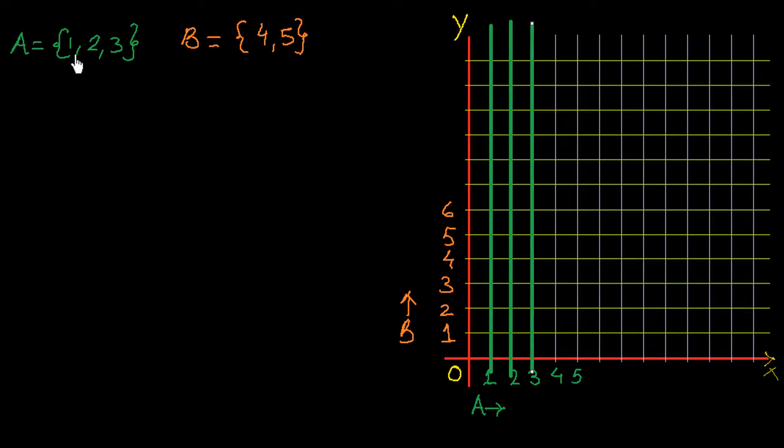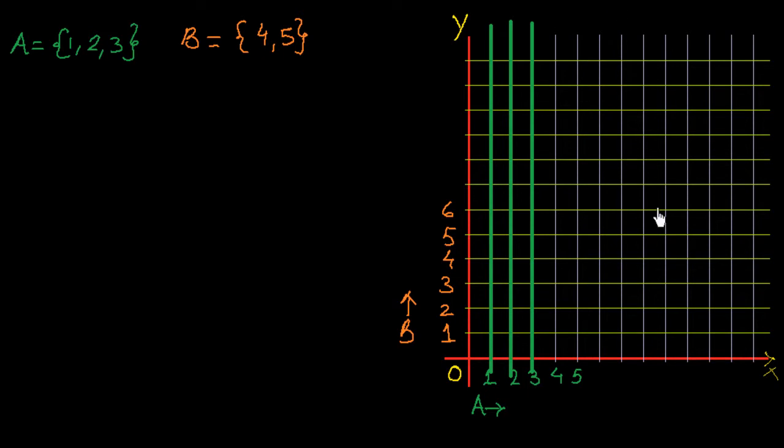So we have x is equal to 1, x is equal to 2, x is equal to 3, plotted along the x-axis. All the lines passing through x is equal to 1, x is equal to 2 and x is equal to 3 are always parallel to the y-axis.